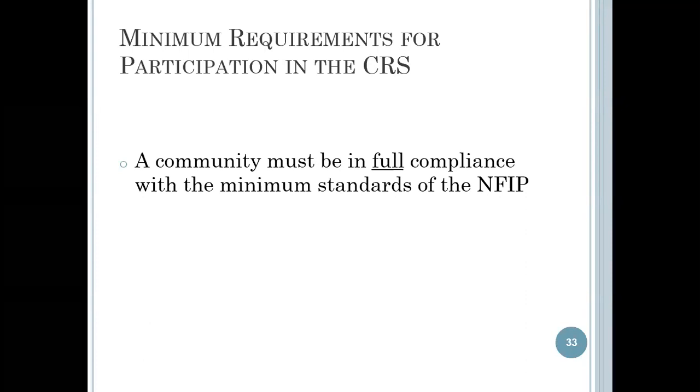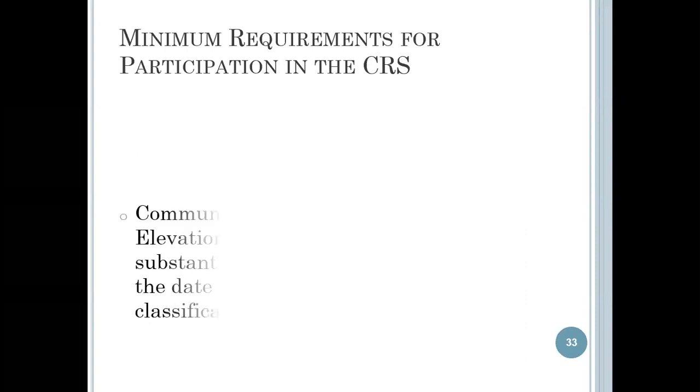We can downgrade a class, or we can take CRS all the way away from them. In order to come into the CRS program, you must have a community assistance visit within 12 months and be in that full compliance status.